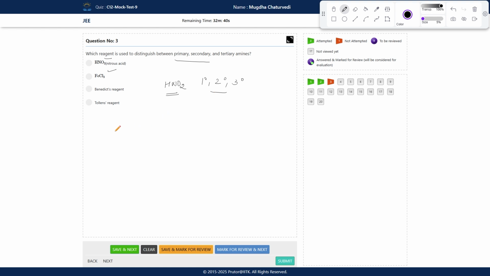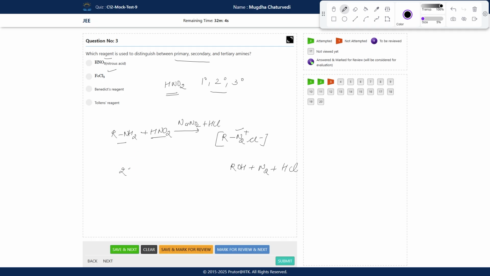If a primary amine is reacted with nitrous acid, in the presence of NaNO2 plus HCl, then we get a diazonium salt, that is N2+ and Cl-. This diazonium salt is unstable, so it further liberates nitrogen gas and forms an alcohol. This is how HNO2 reacts with a primary amine.